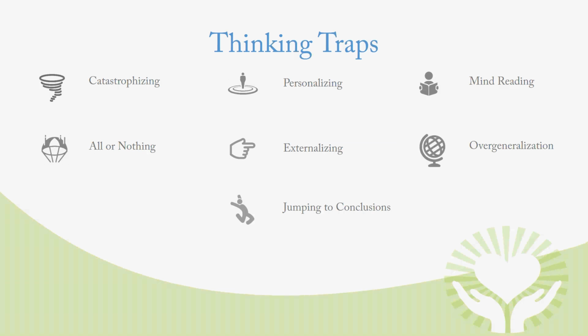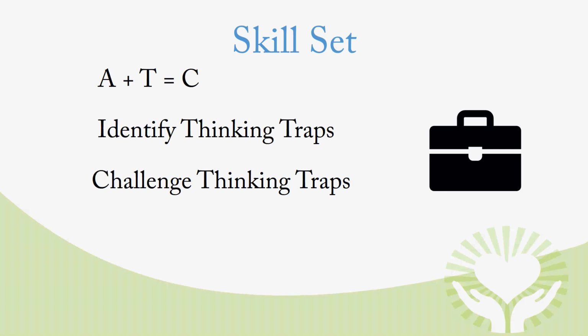So my hope then is that from our talk today, you were able to absorb 3 forms of skills, right? You now know what A plus T equals C is, right, which is an activating event plus a thought equals a consequence, and that you now know the importance of having some mindfulness, especially when you notice a big emotional reaction to something.